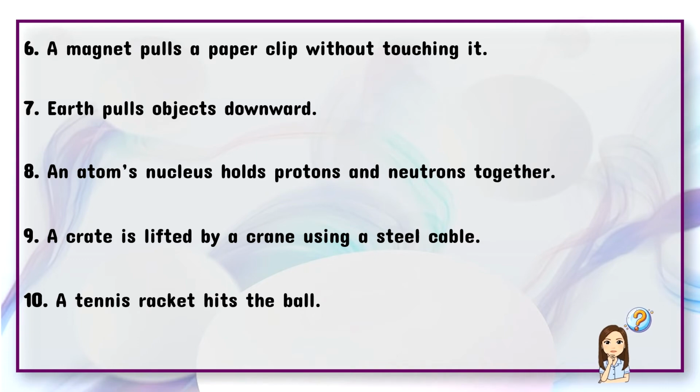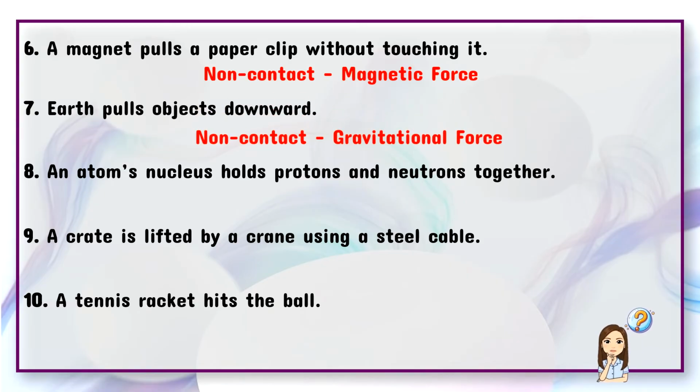For numbers 6 to 10. Let's check your answers. 6. A magnet pulls a paper clip without touching it. Non-contact force, magnetic force. 7. Earth pulls objects downward. Non-contact gravitational force. 8.